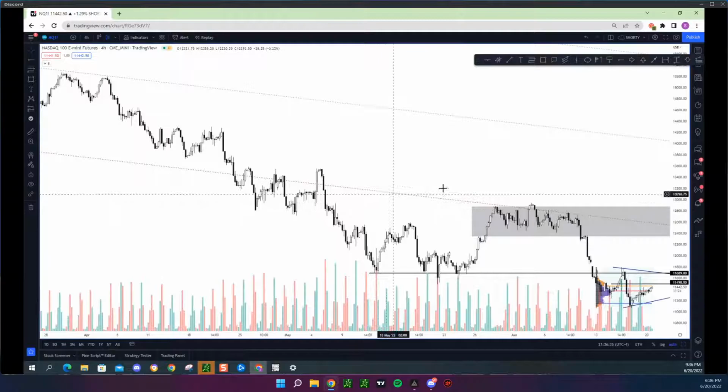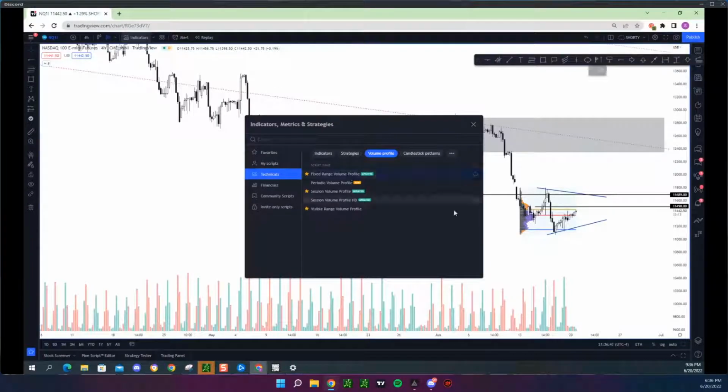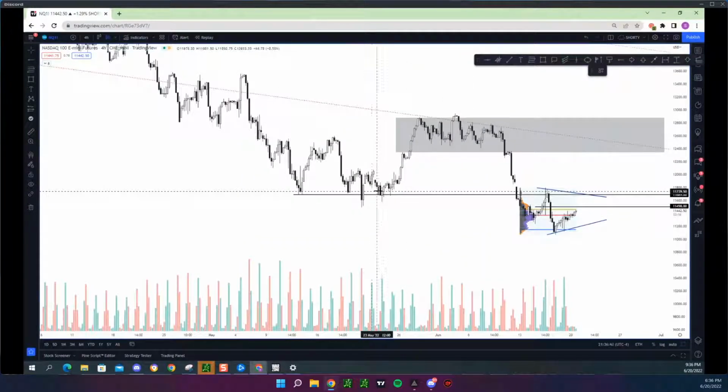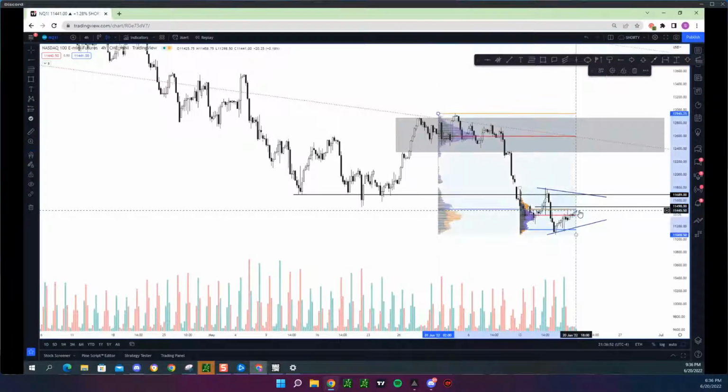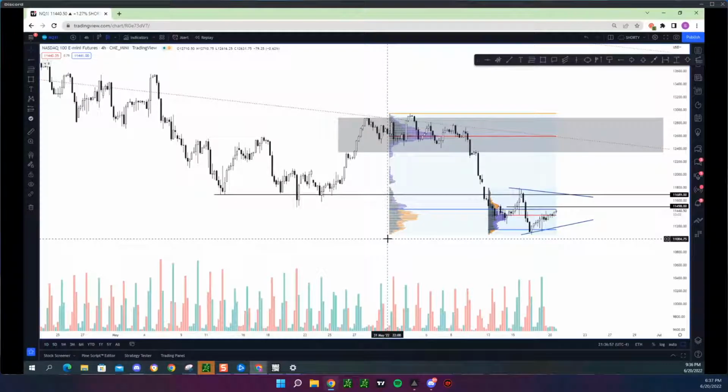So we want to keep note of that, and I'll show you why. Now if you go into your, grab that fixed range again. We're going to go June 1st. Okay. Now we have a little bit of a different picture. Do you guys see this?